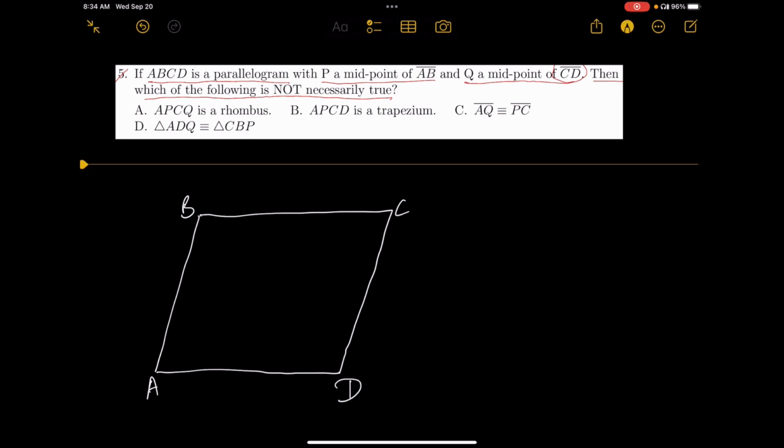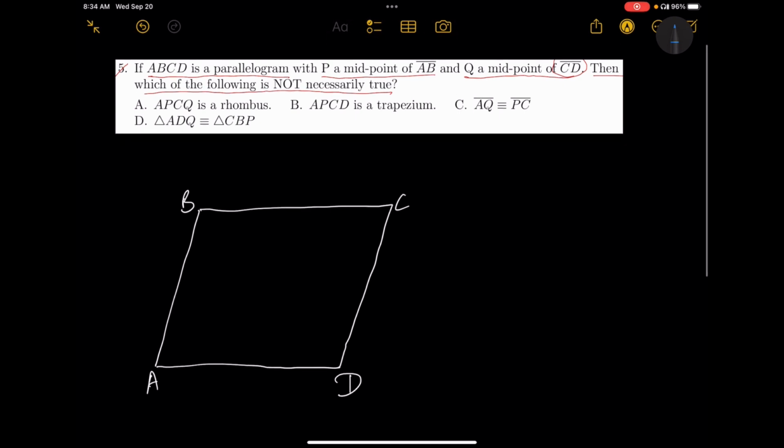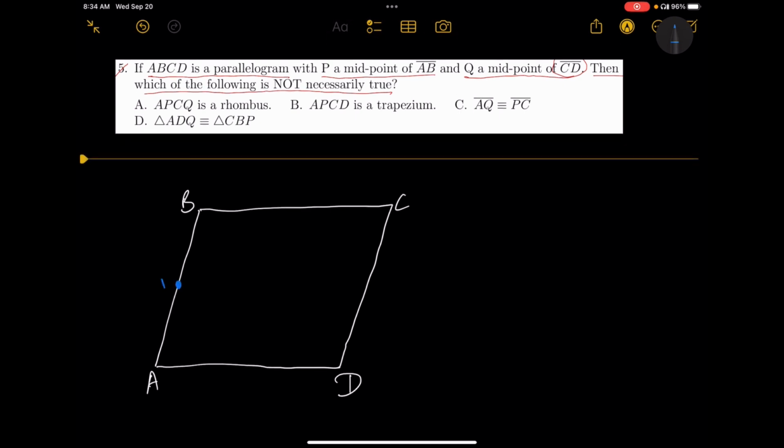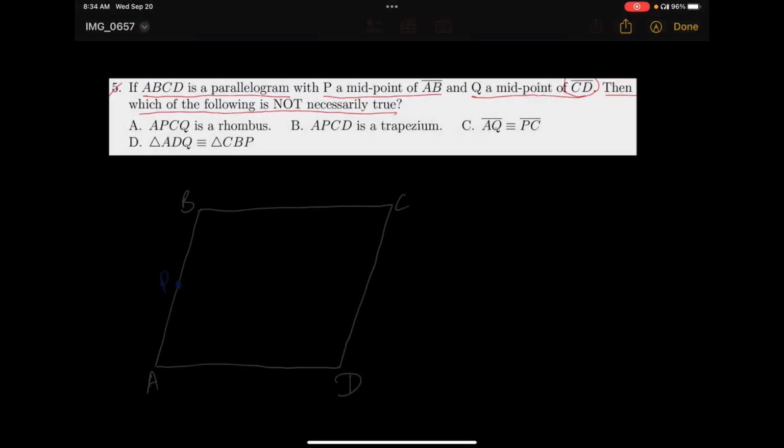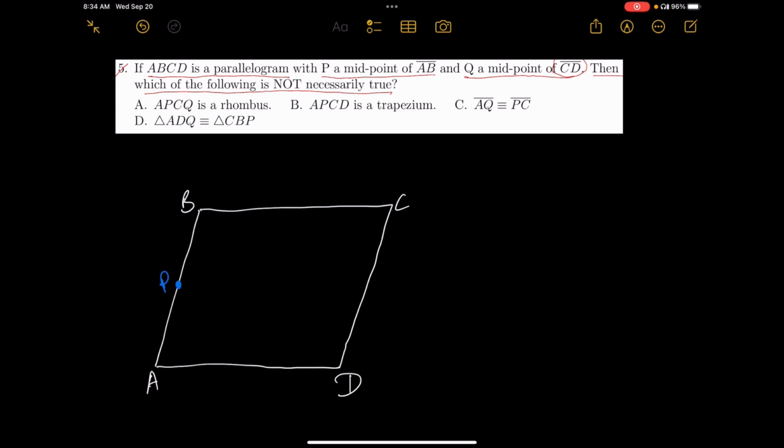P is a midpoint of the line segment AB, so P is here, and Q is a midpoint of the line segment CD, so Q is here. Which of the following is not necessarily true?